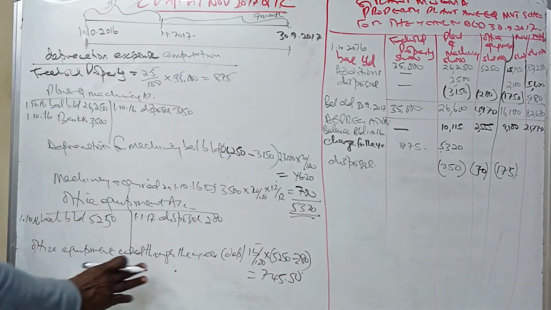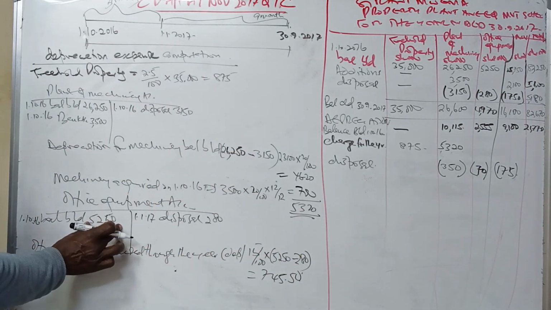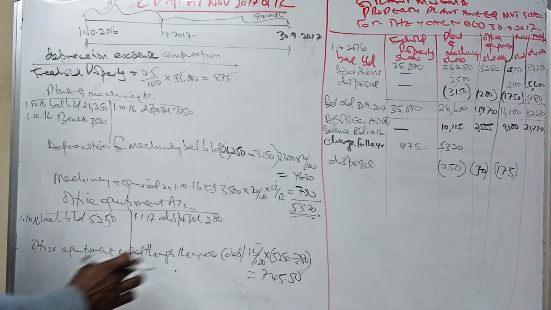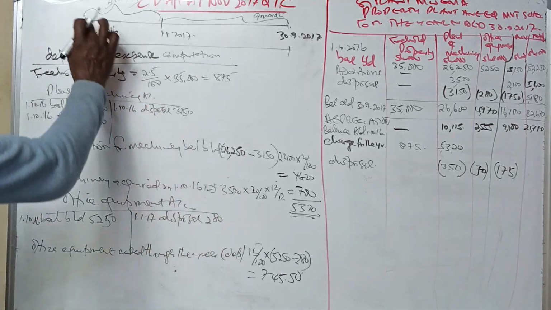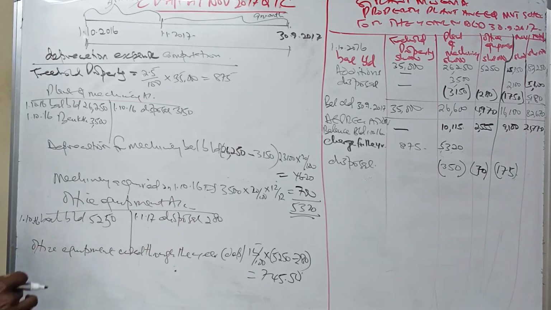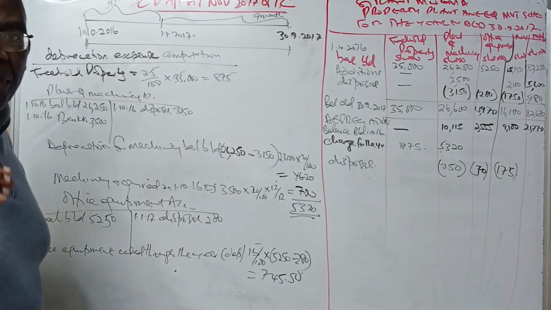Those are the machines, the depreciation for the machines which we had at the beginning of the year and used throughout. But these ones, we used them for only 3 months, then we disposed on 1st of January. Remember we are charging depreciation on a pro rata basis.